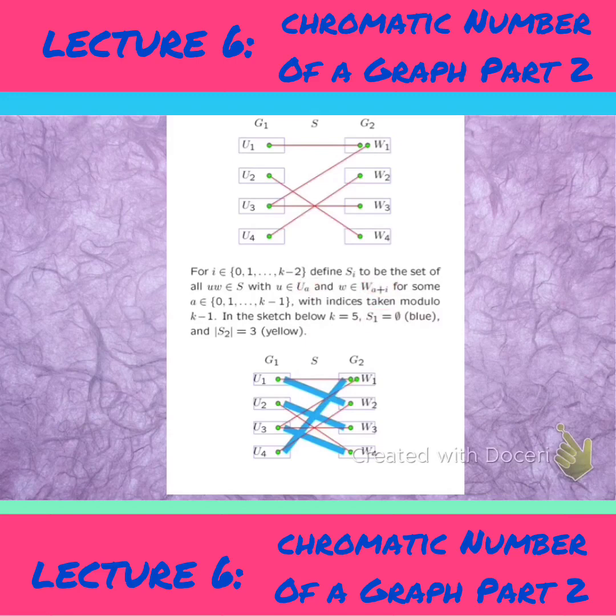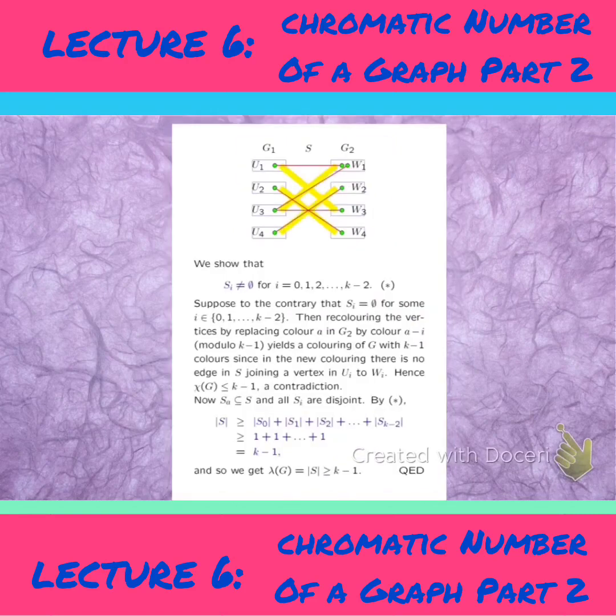Now for S2, your index i is equal to 2, so that is what it's going to look like. You're looking at the number of edges between U1 and W_{1+2}, which is W3. You're counting no edges there. Then you're looking at the edges between U2 and W_{2+2}. There you've counted one edge.